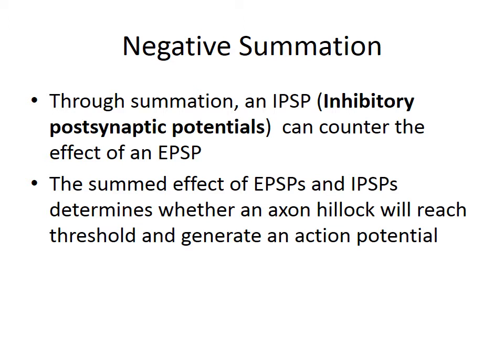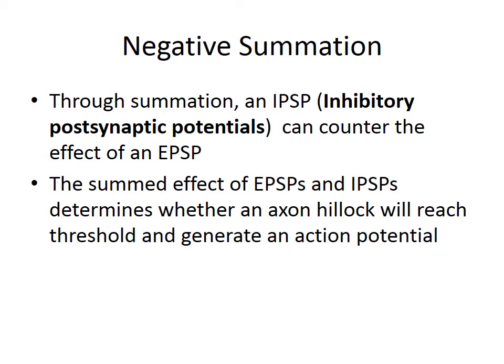And so what really happens is that a receiving neuron is going to have to add up the numbers. How many EPSPs do I have? How many IPSPs do I have? And should I send the signal to the next neuron? If there are more EPSPs, yes, it will. If there are more IPSPs, no, it will not.